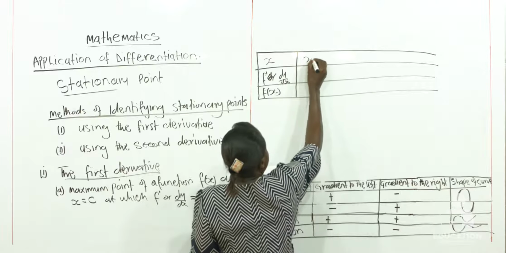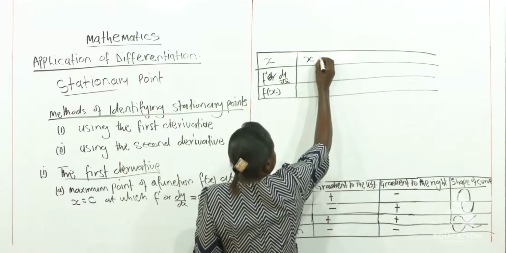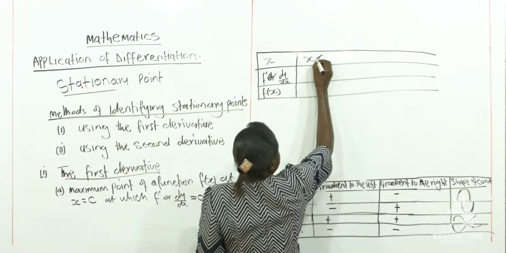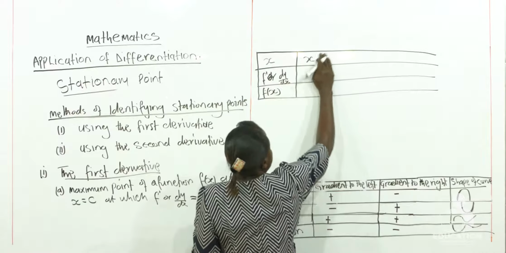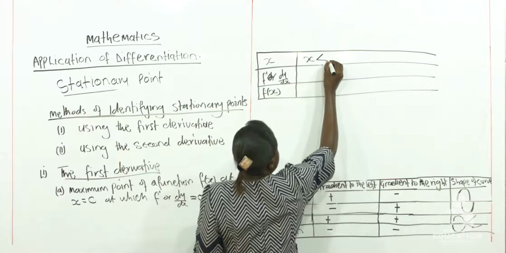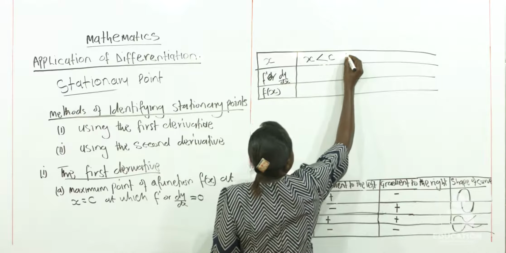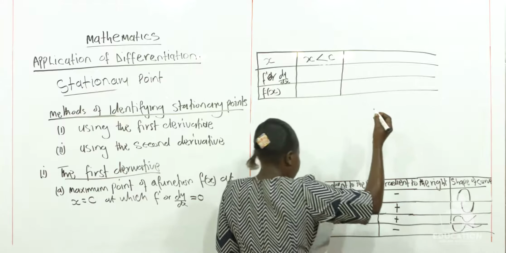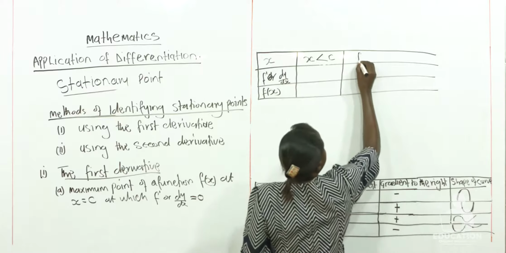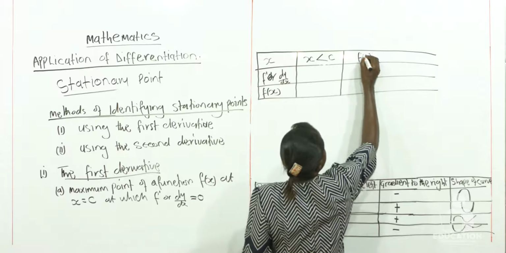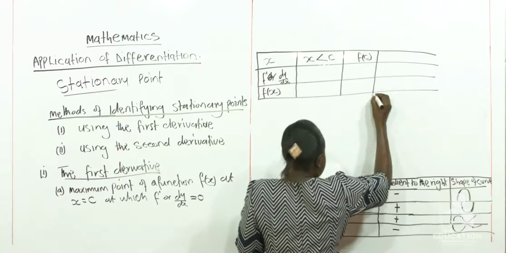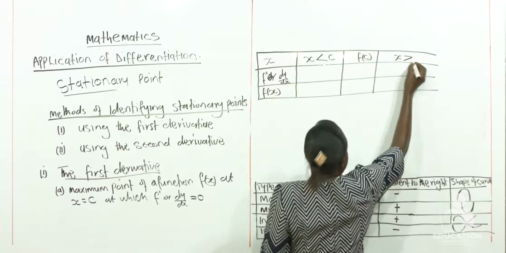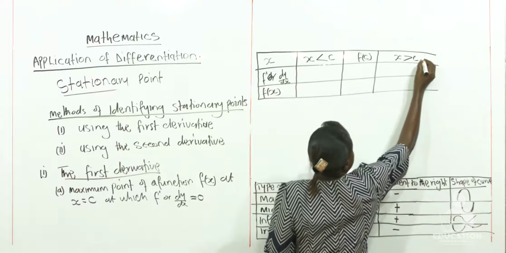We have x less than c, and then we have f of c, and then we have x greater than c.